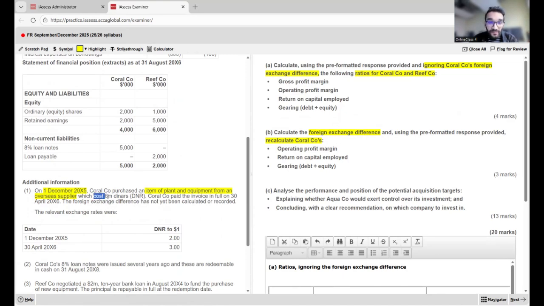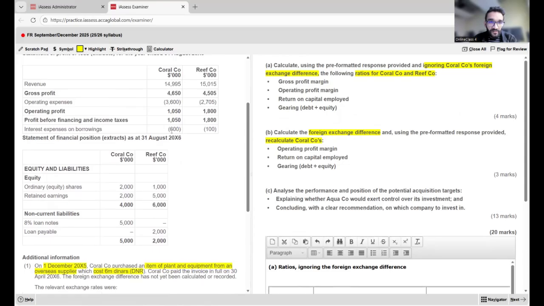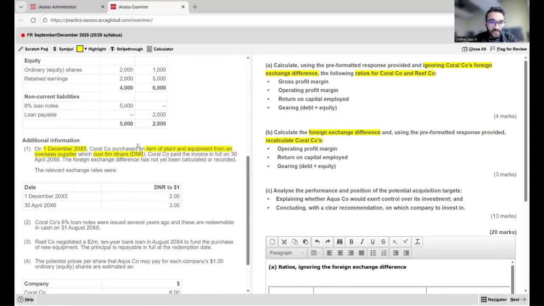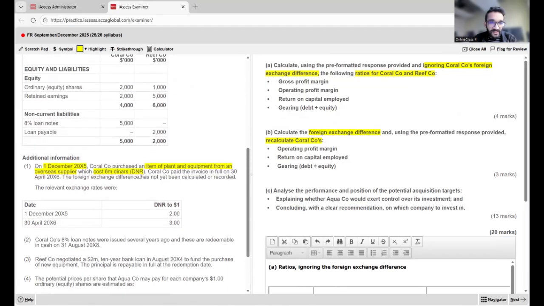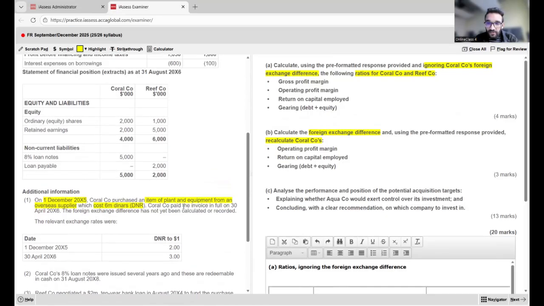It cost 6 million dinars, although the functional currency is the dollar. It might be written somewhere in the notes as well, but I guess it's there. They paid the invoice on 30th April X6.